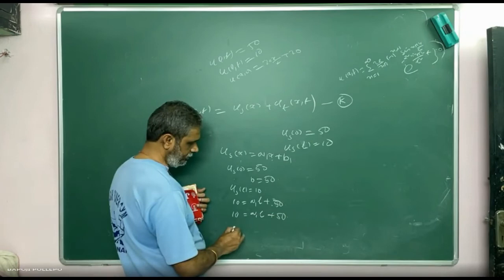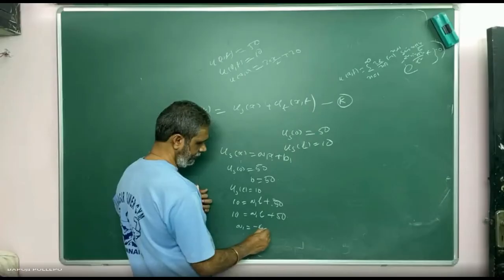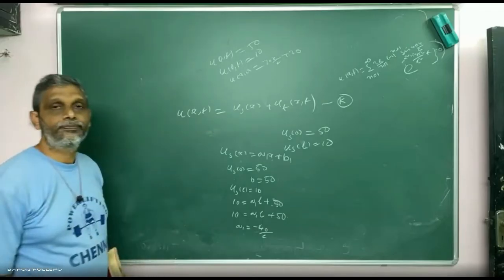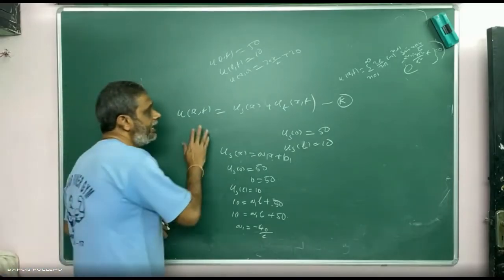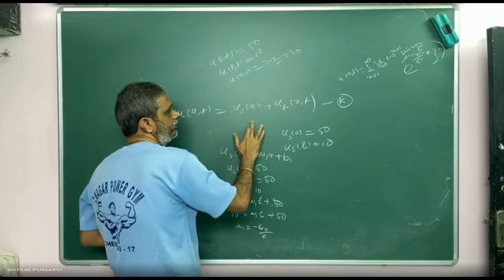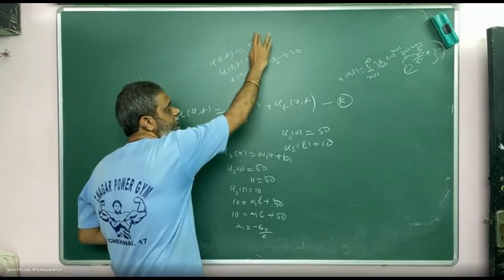Now A1 is equal to minus 40 by L. Any doubt? No, sir. In this equation I am first finding Us of x, the steady state solution, and for this I am using these two conditions.